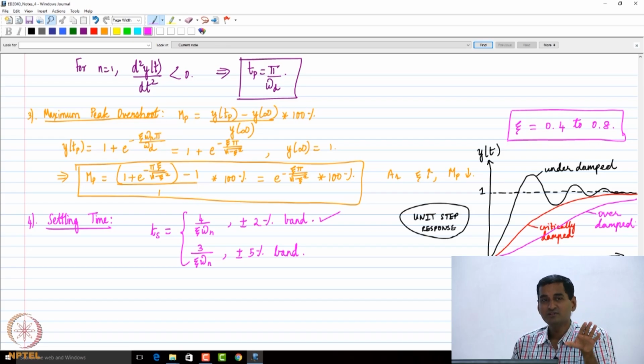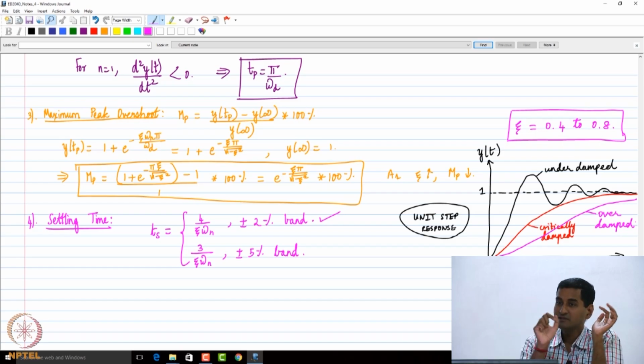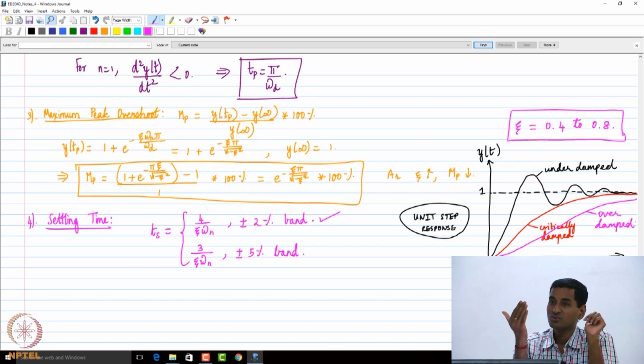But of course, as I told you, a critically damped second order system means zeta is exactly 1, and in real life it's very difficult to make it exactly equal to 1. We'll see when you design. On the other hand, if you make zeta greater than 1, practically it's going to be very sluggish. I'm sure you have seen many of these automatic closing doors. You open it, it will close ever so slowly.